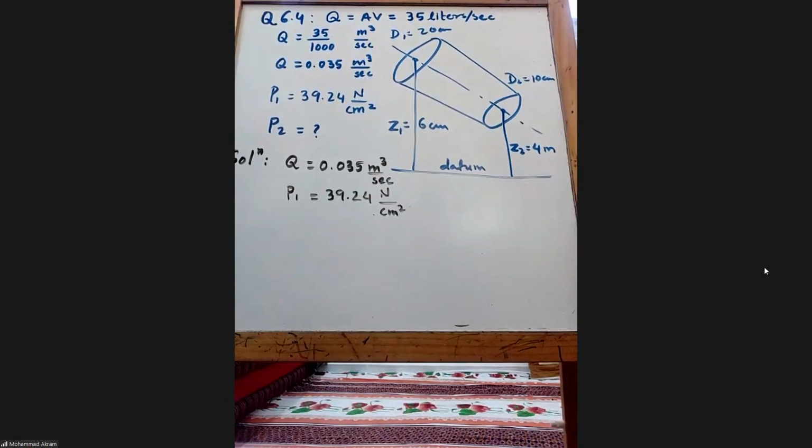How to convert into meter square? We divide it by 10,000. Divide by 10,000 or multiply by? Multiply it, I think.